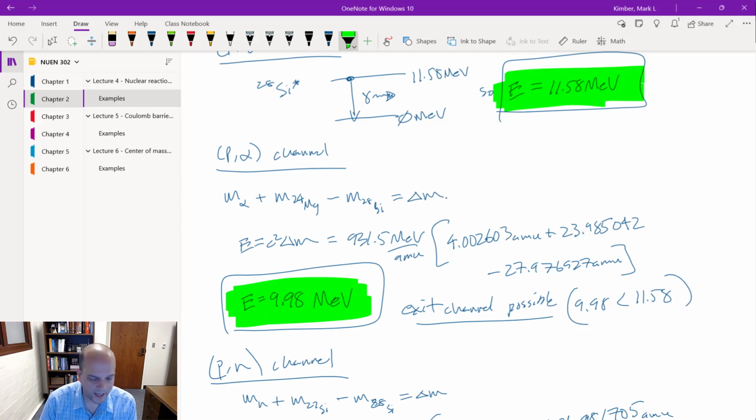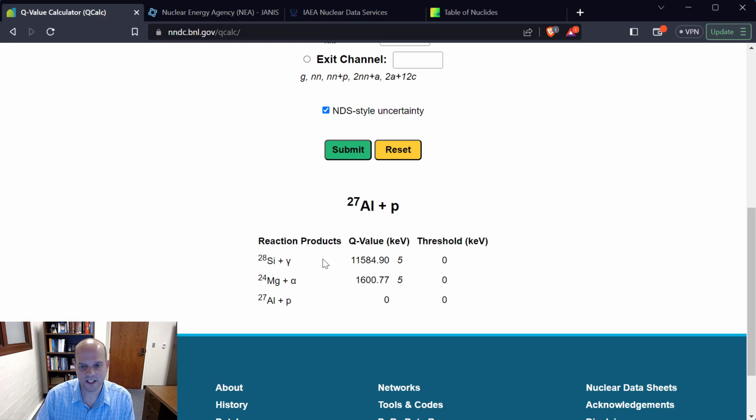So what is the difference between, going back to my solutions here, I said that I needed 9.98 MeV. Well, what are we supplying? We're supplying nothing on the proton end. It doesn't have any MeV, but we are getting 11.58 from that intermediate state where we have the excited silicon, and that's what's available to us to go down these exit paths.